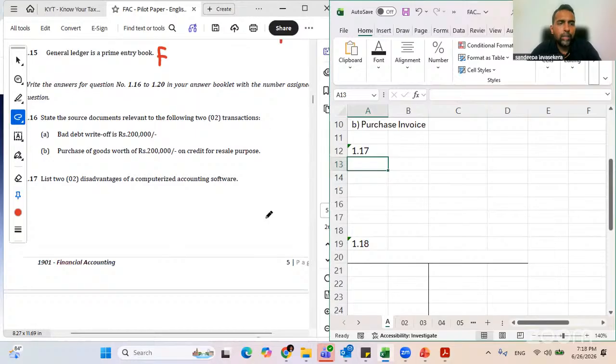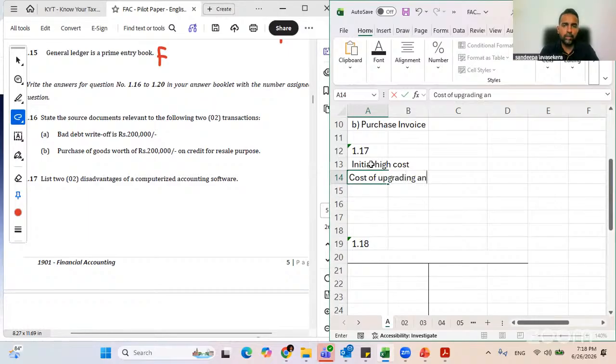1.7 list two disadvantages of computerized accounting software. Right. When it comes to computerized accounting software, you have initial high cost. Then there's cost of upgrading and maintenance. And there's a data security threat.